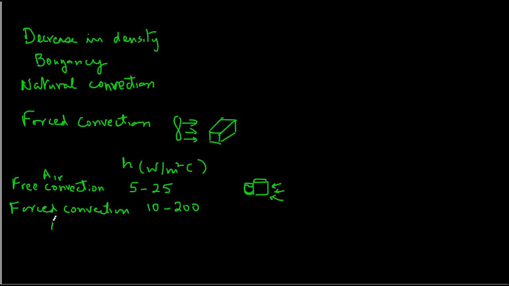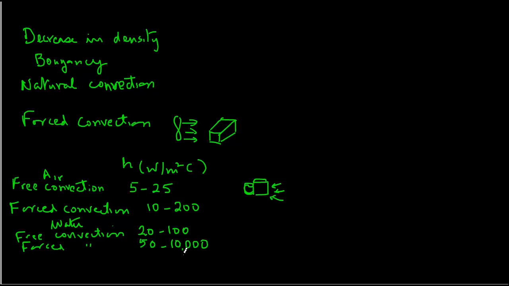Now, in case of water, for free convection, the value of H is from 20 to 100 watts per square meter Celsius. And for water, in case of forced convection, the value of H varies from 50 to 10,000 watts per square meter Celsius.